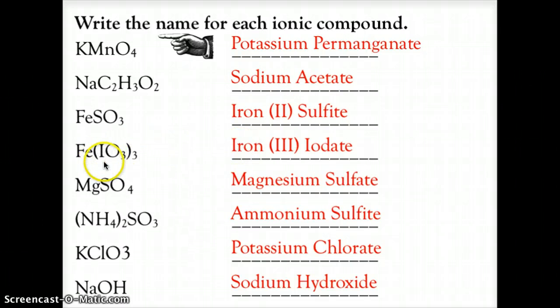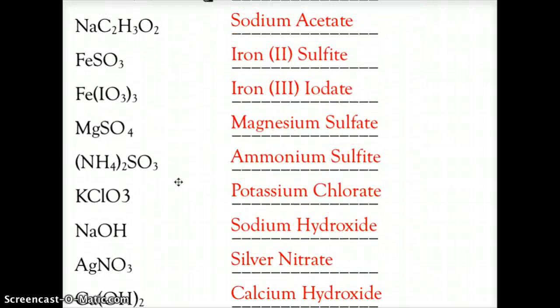Whereas Fe(IO3)3, IO3 is negative 1, but there are 3 of them making negative 3, so the iron is plus 3 in this case, therefore the Roman numeral 3. Magnesium sulfate, MgSO4. Ammonium sulfite, (NH4)2SO3. Potassium chlorate, KClO3. Sodium hydroxide, silver nitrate, and calcium hydroxide.